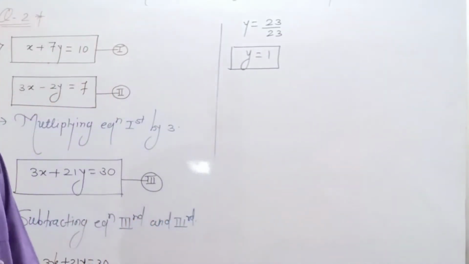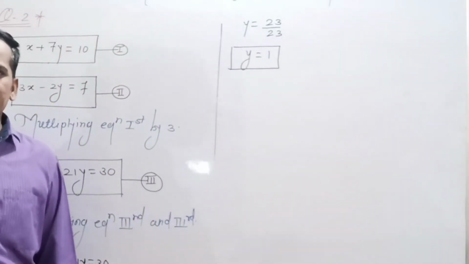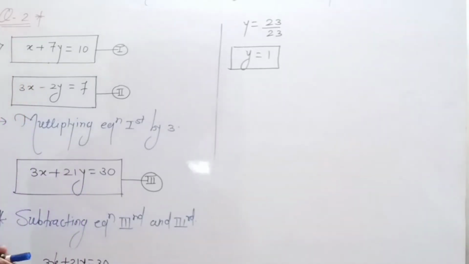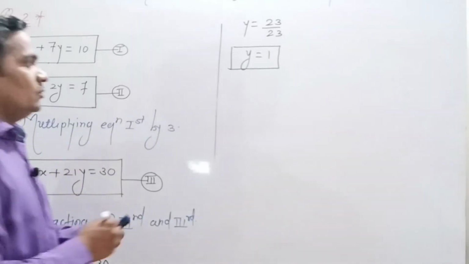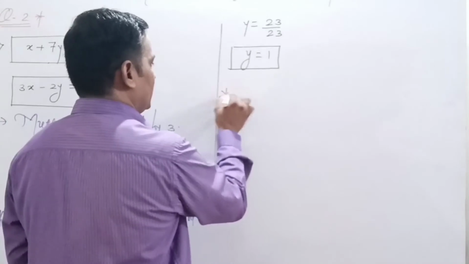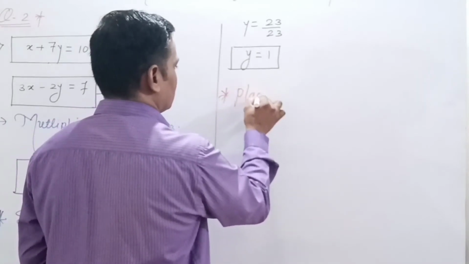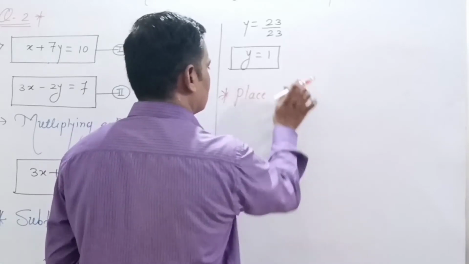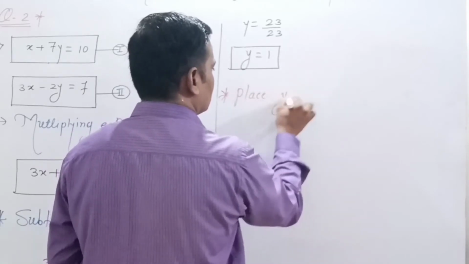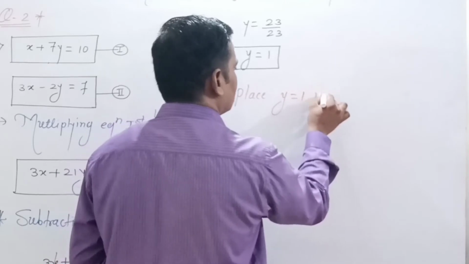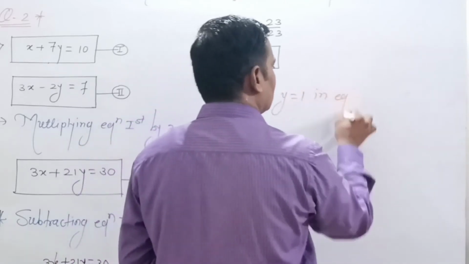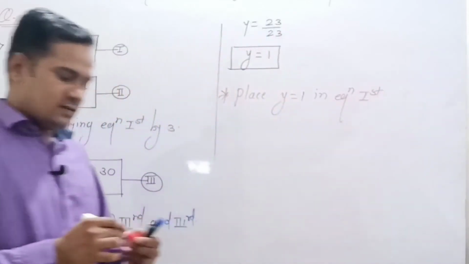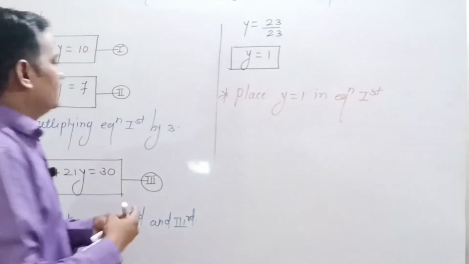Okay. Now this is the value of the first variable y. So let's put this value in equation number 1. So place y is equal to 1 in equation first, and that will be like this way.